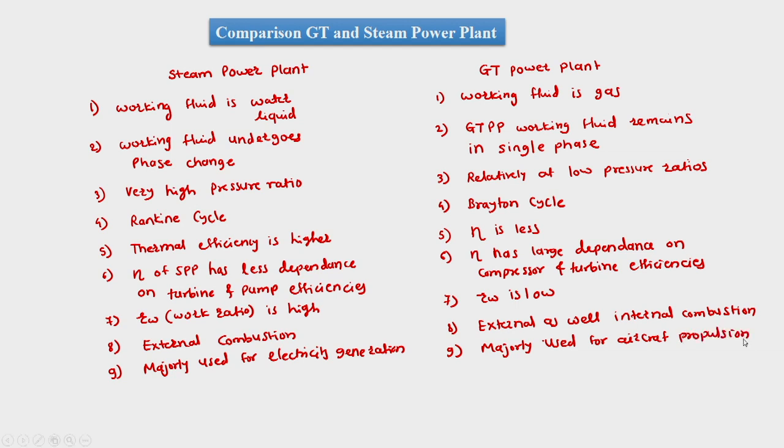However, gas turbine power plant is also used for electricity generation, but steam power plant, which was used earlier for locomotives, is not that much economical to be used for locomotives or transportation applications.